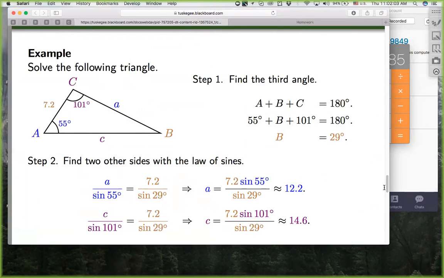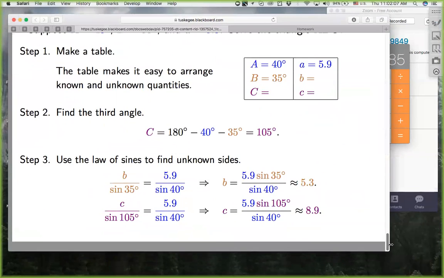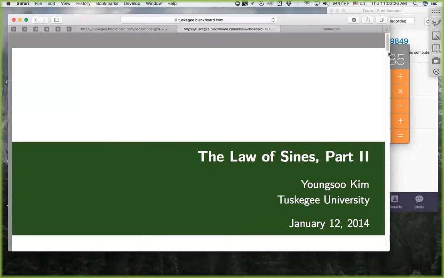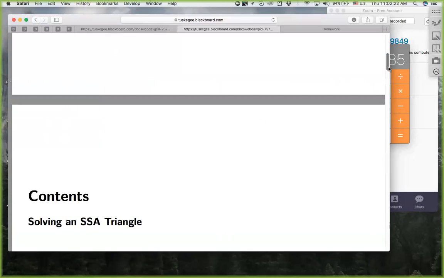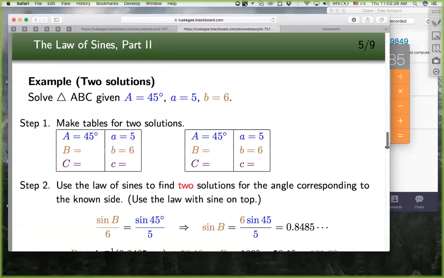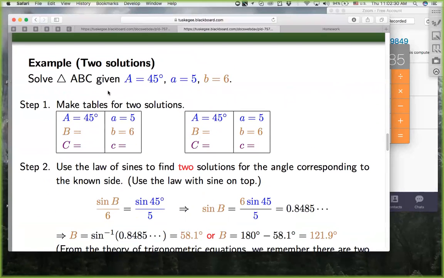So this is the same for all other types of questions in this section. There are a couple more problems. You can also make a table to arrange the numbers nicely. So we'll do this in the next type of questions. If you go to this ambiguous case, sometimes you may have two answers. Let me show you this example here, where you have two solutions.